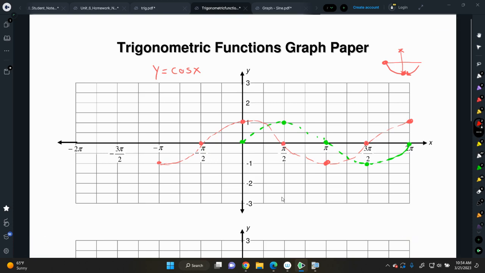The way we recognize that it's cosine is by the y-intercept. A cosine function is going to cross the y-axis at 1, or basically at whatever its amplitude is, whereas the sine curve is going to cross the y-axis at the origin. Okay, so that's how we tell the difference.